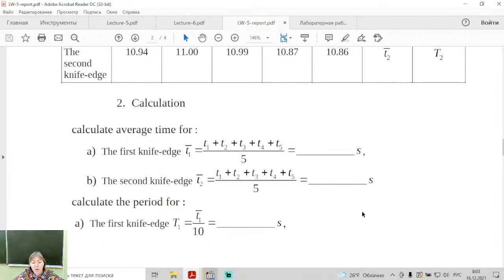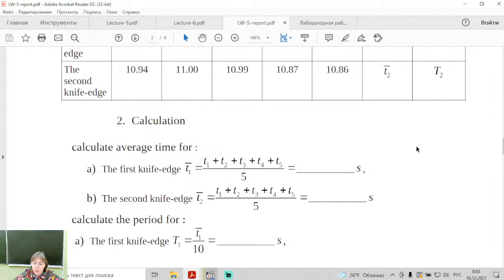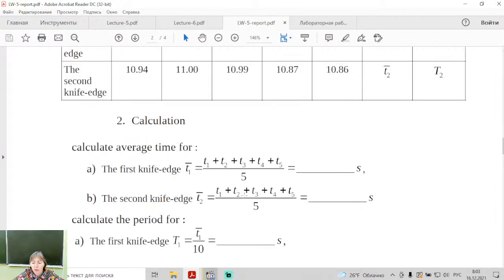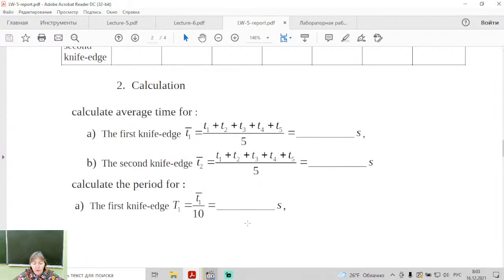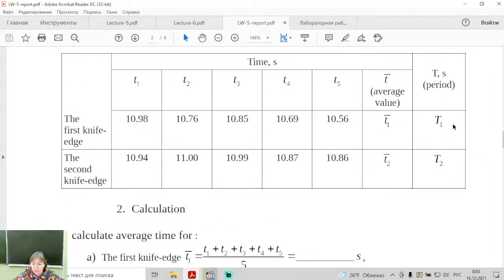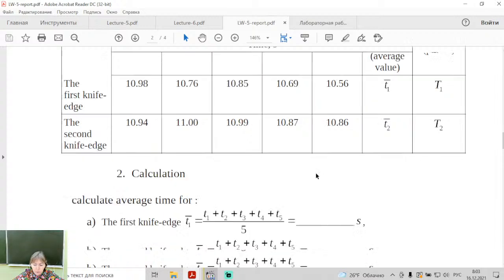Then you have to calculate the period of 10 oscillations and use this formula. Calculate the period in seconds and write down in the table the value of period, period 1 and period 2.